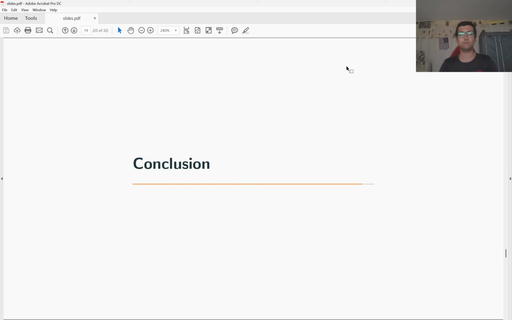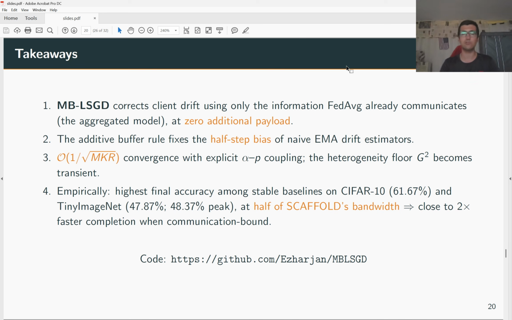Let me wrap up. Four things I'd like you to remember. One: client drift can be corrected using only the information FedAvg already communicates, the aggregated model itself, at zero additional payload.